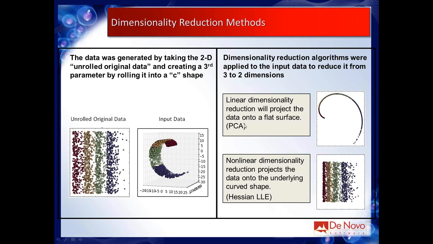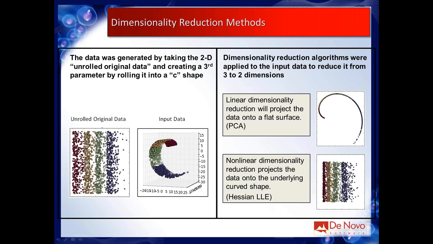You'll see I've tested a linear dimensionality reduction method, PCA, and a nonlinear dimensionality reduction method. PCA basically takes that C and views it from some angle. It takes this three-dimensional data and smashes it down onto a flat surface. And so you end up with this, which doesn't really give you much information.